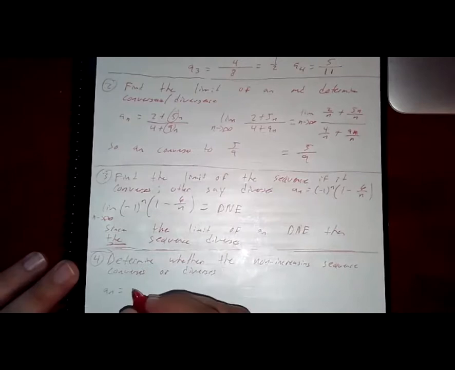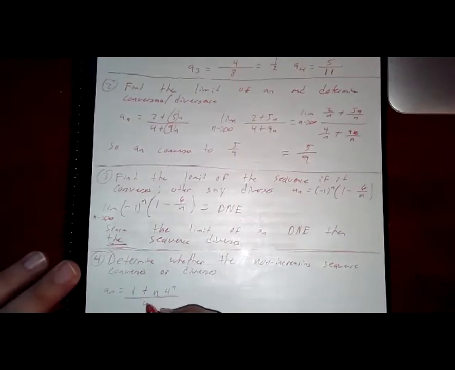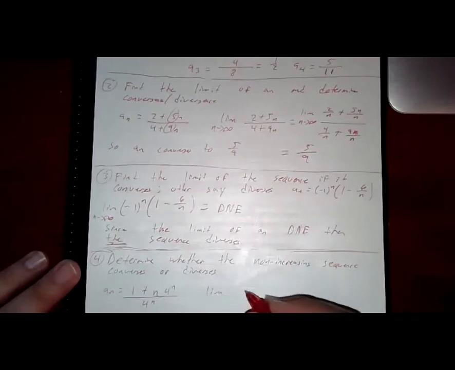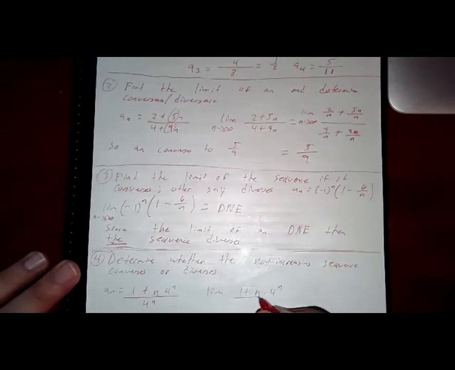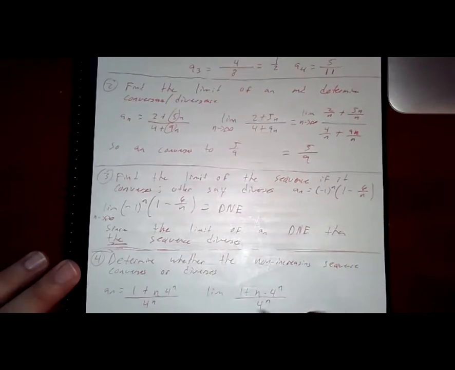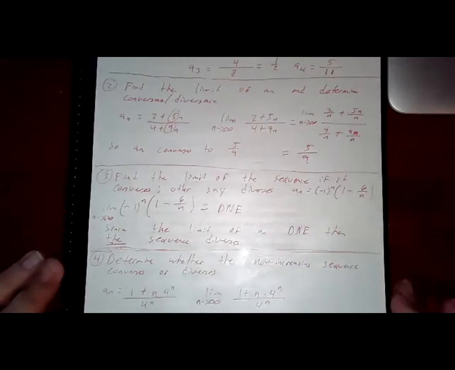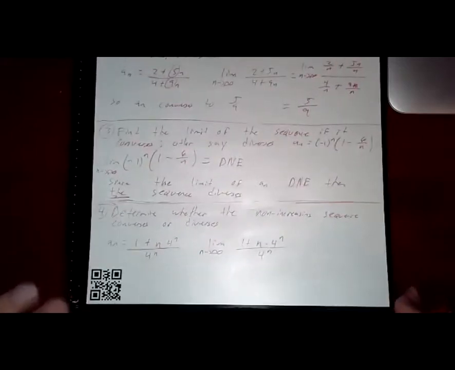So a_n is 1 plus n times 4 to the n over 4 to the n. The limit of 1 plus n times 4 to the n, as n approaches infinity, what is that going to be? Can you push the paper up a little bit? It's going to be n, because 4 over 4 will be 1, and 4 to infinity will be 0.